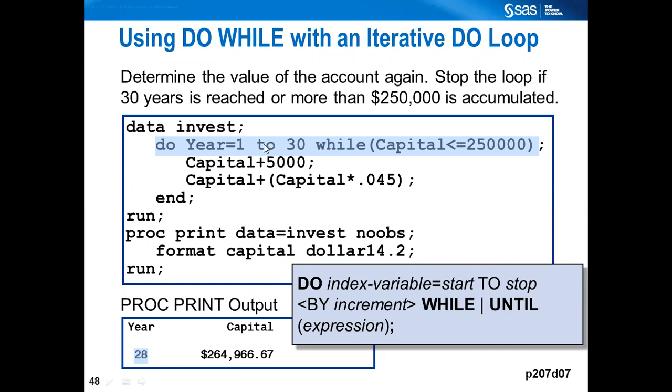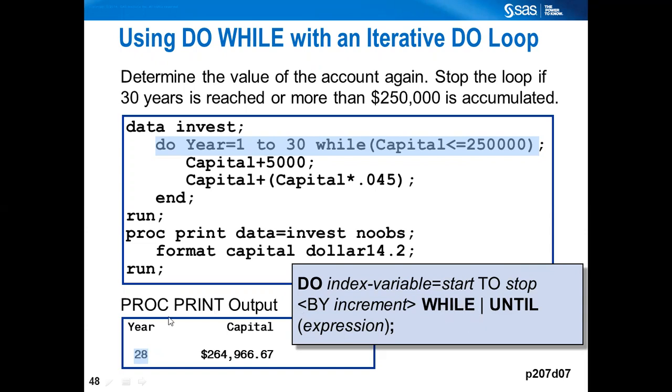You're giving the start and stop value and you're giving the condition also. You want it to calculate for 30 years while your capital is less than or equal to 250,000. So you can combine your start and stop value along with your conditional loops also.